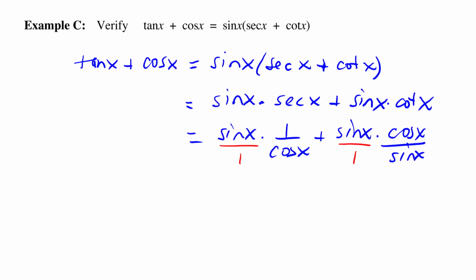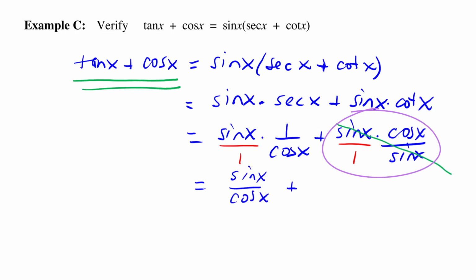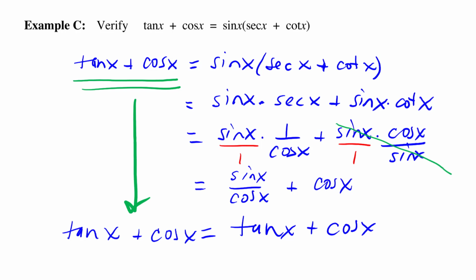Sometimes we can't see where it is that we're going, but if we look at where we're headed, we want to end up getting tangent x plus cosine x. And you can start to see that developing on the right side. Sine x times 1 over cosine x becomes sine over cosine. And the second fraction, well, the sines are going to cancel to give us the cosine that we need. So sine over cosine plus cosine becomes tangent x plus cosine x. Again, we did not write the left-hand side down all the way until the end. And so we've verified this identity, QED.